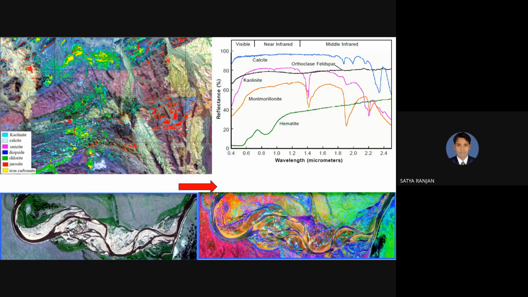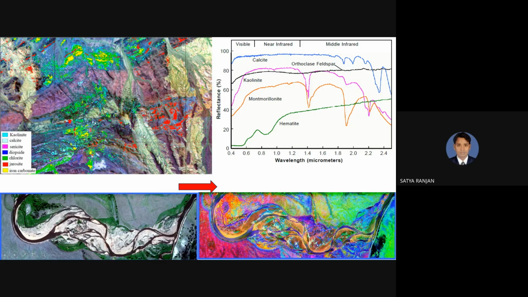Then we identify and confirm whether it is calcite or iron carbonate. Likewise for kaolinite and hematite, all these different graphs are there. Based on these graphs, we can estimate which mineral it is.